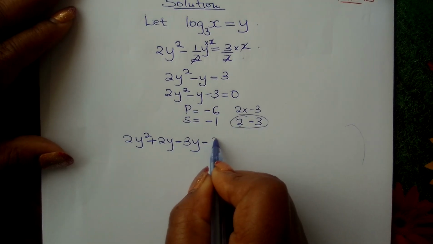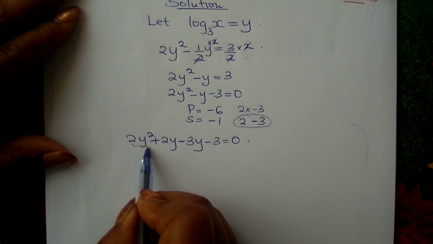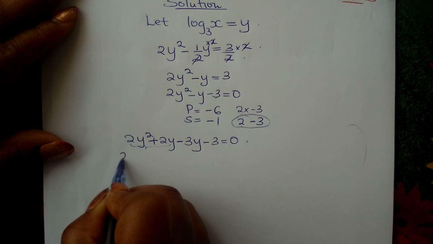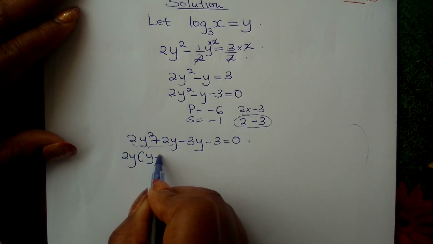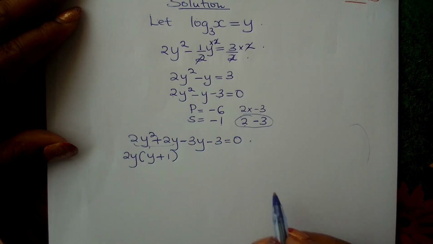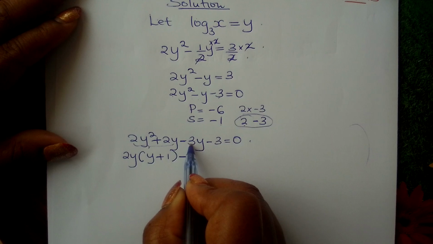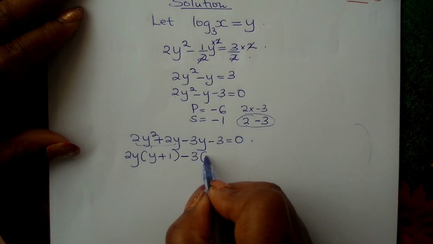So minus 3 is equal to 0. Learner, we factor out what is common in the first two terms, and what is common here is 2y. And therefore you'll be left with y plus 1 inside the brackets. Then you fix your minus here. What is common here is 3.